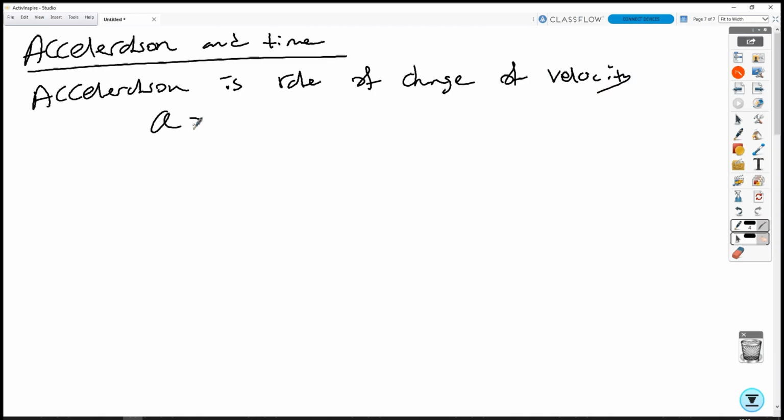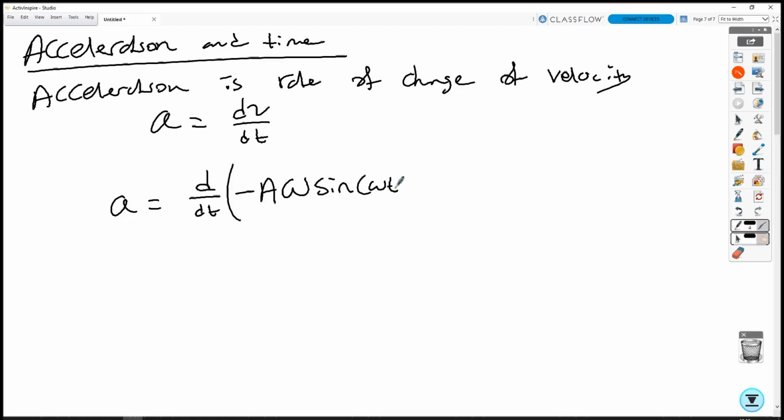So a equals dv dt. So now let's differentiate. So a equals d by dt of minus a omega sine omega t.